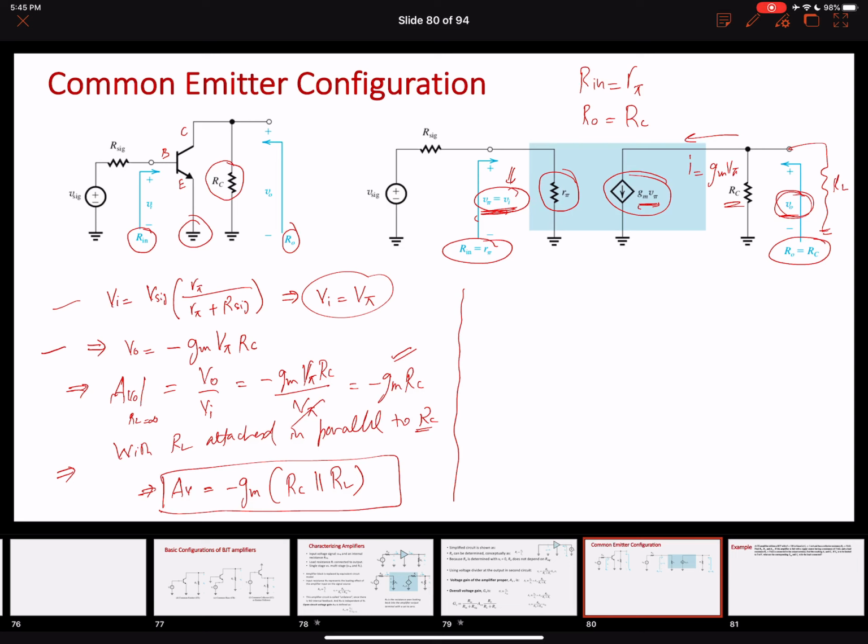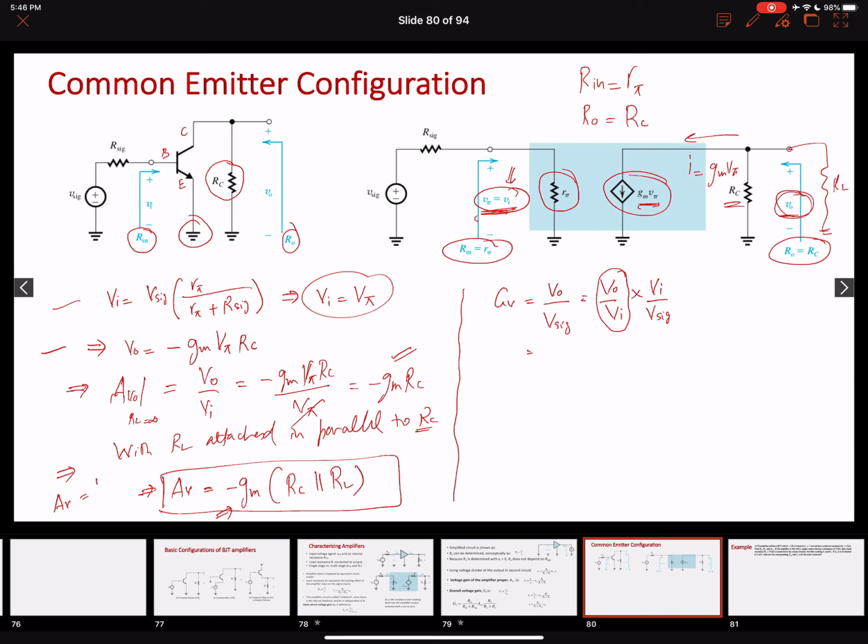And the final gain that we are interested in is the overall voltage gain, GV, which is equal to the output voltage V naught over the signal voltage V sig. So you have V naught over Vi into Vi over V signal. Let's first do this V naught over Vi. We already know V naught over Vi is equal to minus GM RC in parallel with RL.